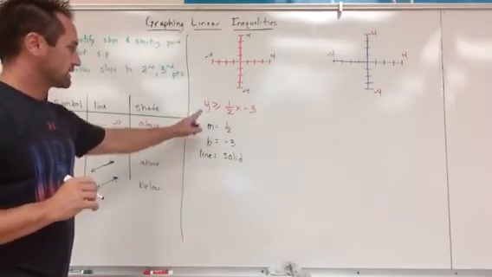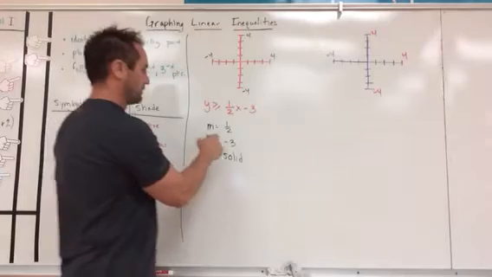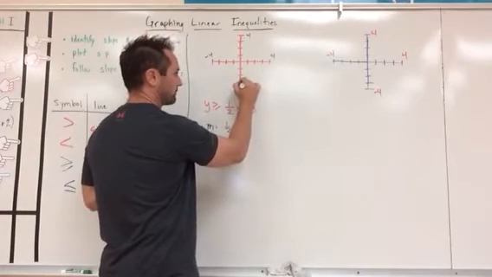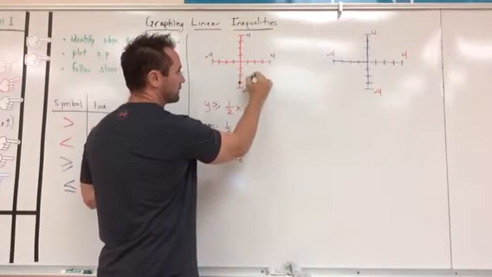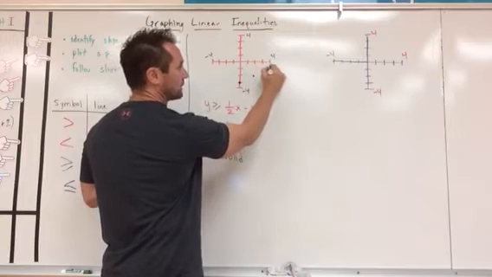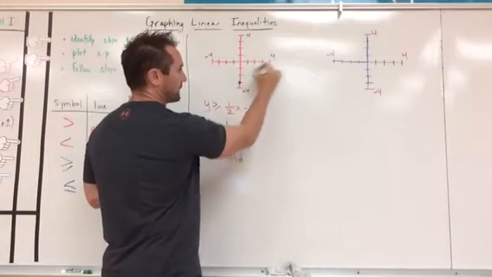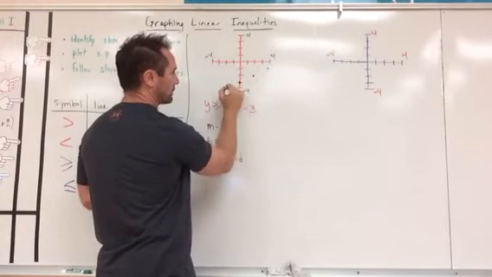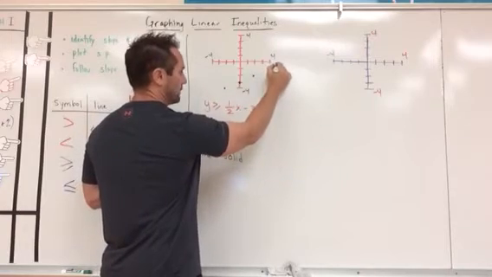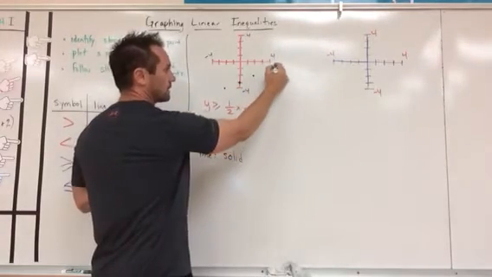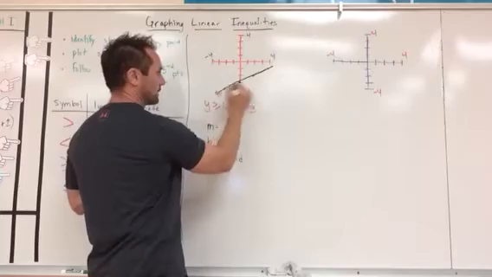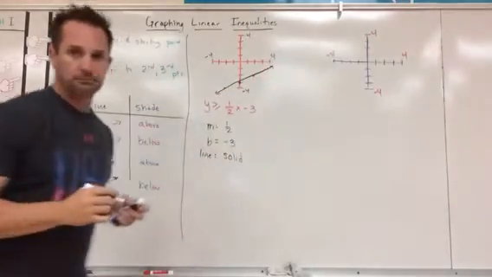Okay? So let's graph this first. B is -3. Up 1 to the right 2. We can do it again. And if we can't go any further to the right, down 1 to the left 2. And it tells us that we have a solid line, so we're going to graph a solid line.